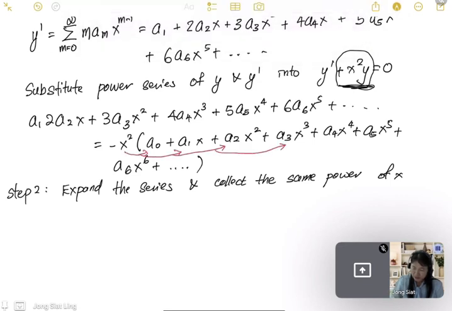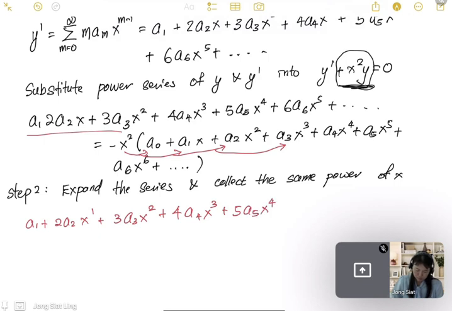Okay, so I expand it. So now I get a1 plus 2a2 x power of 1 plus. So the first part is just copy down. Okay, then equal to the part that I expand.